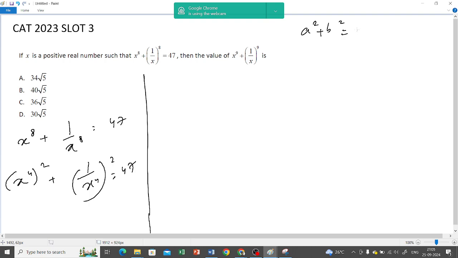Sir, (a plus b) whole square minus 2ab. A square plus b square is (a plus b) whole square minus 2ab.